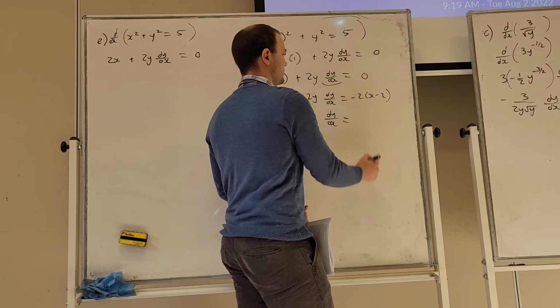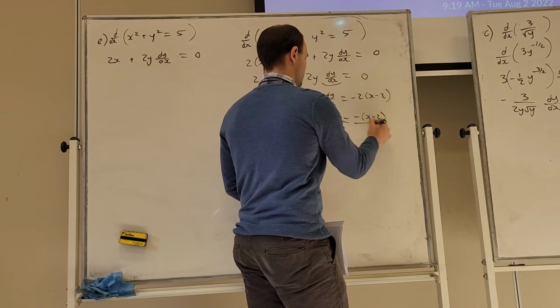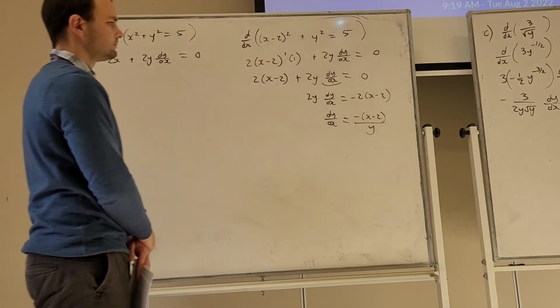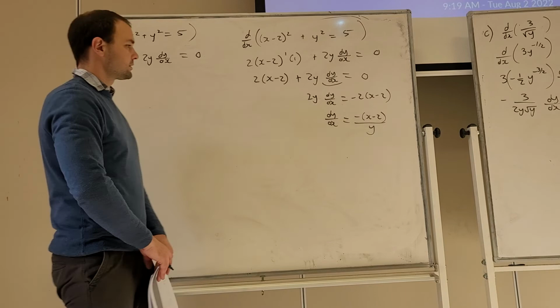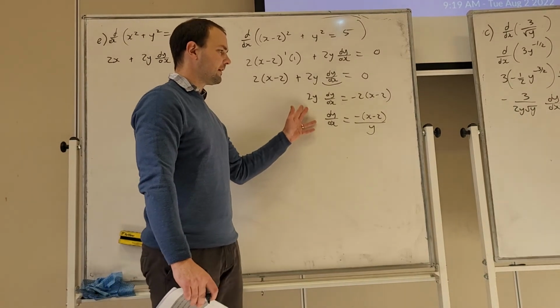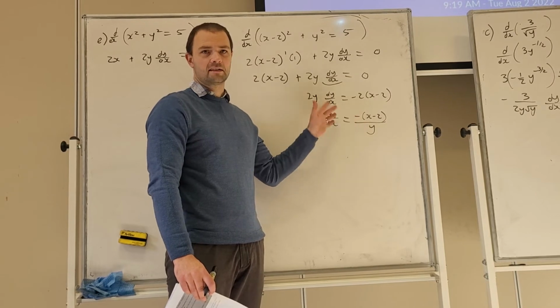And we'll have dy on dx is equal to minus x take 2 on top of y. Okay, so what we've done there is we've isolated the slope, okay? So the slope of this circle for any value of x and y is given by this equation, but we need both. We need x and we need y.